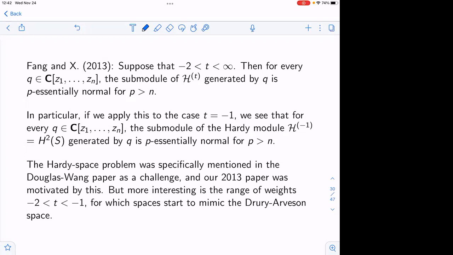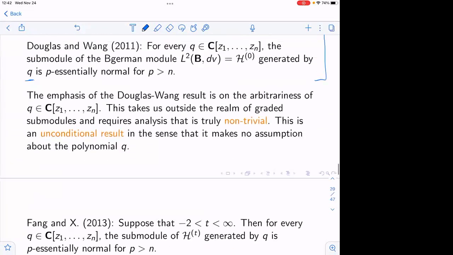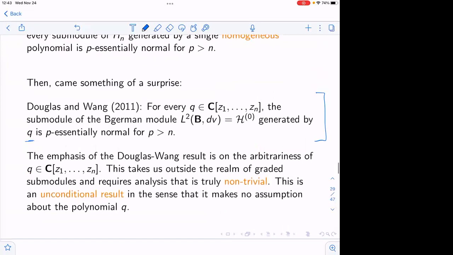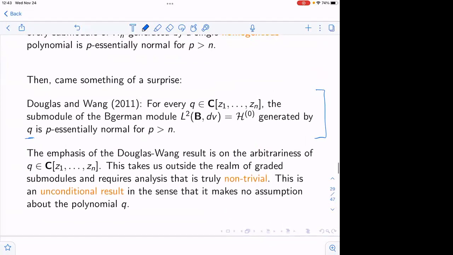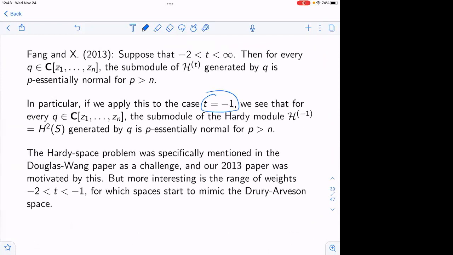This in particular includes the case where t equals -1, which gives you the Hardy space. So this is the analog of the Douglas-Wang result for the Hardy space. That was one of the things they specifically mentioned in their paper: they said it should be true, but they didn't see how to do it. So in 2013, we generalized their result to cover this range of weights.